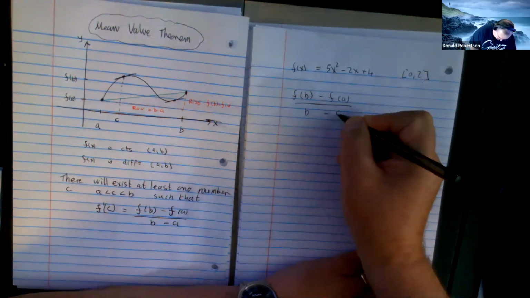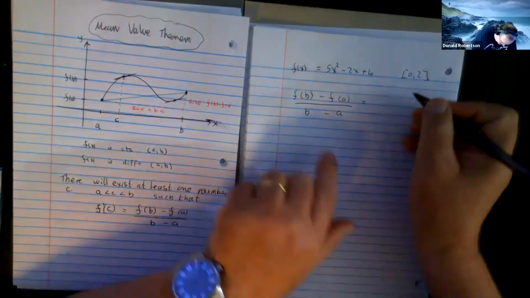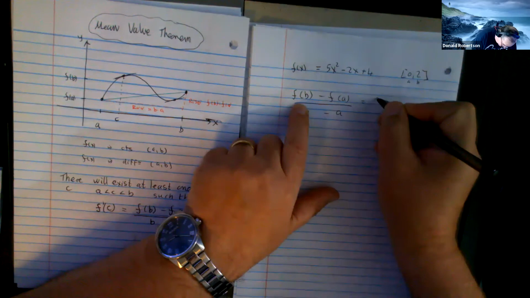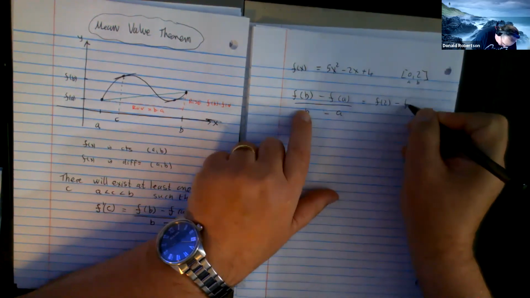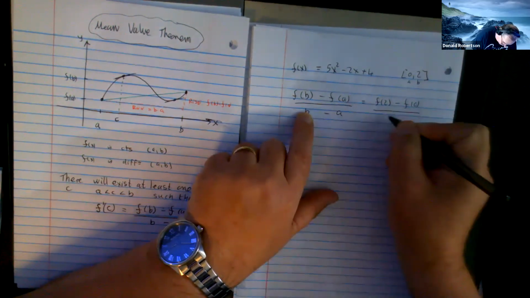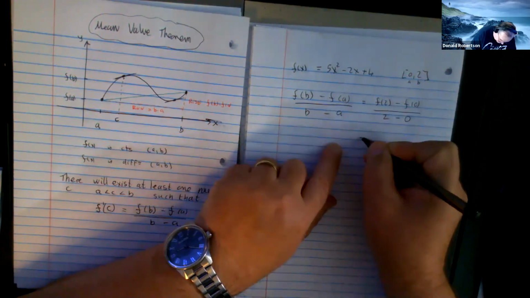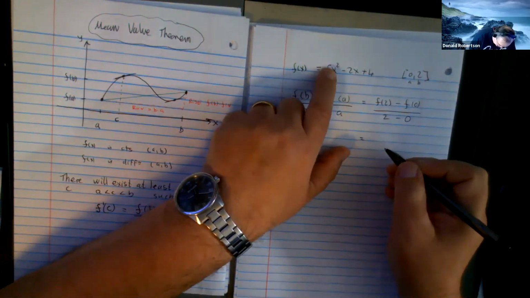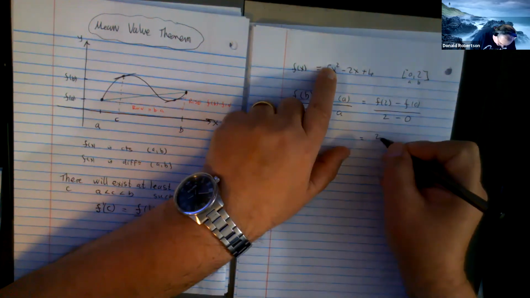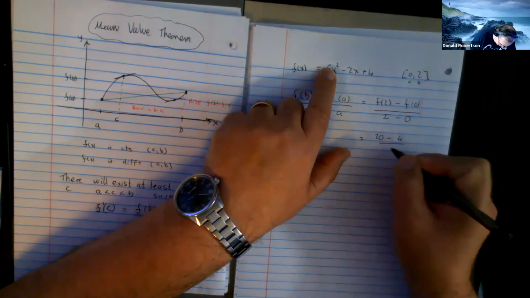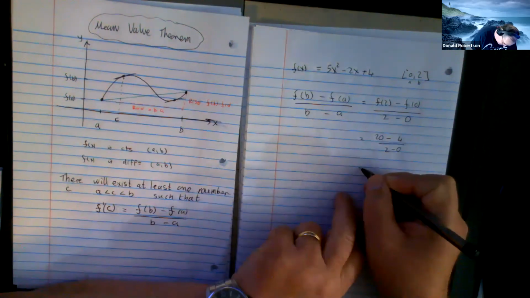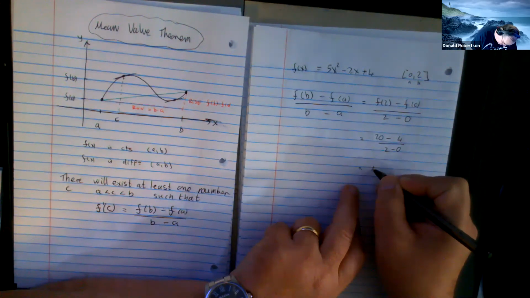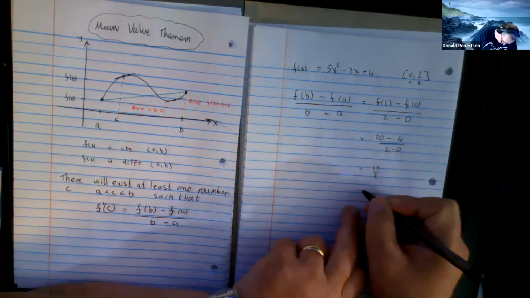The average slope. That's A and that's B. So in this case, it's f of 2 take away f of 0 over 2 take away 0. And the value of the function at 2 is 24 take away 4 over 2 take away 0. And the answer I get is 16 over 2. You get 8.